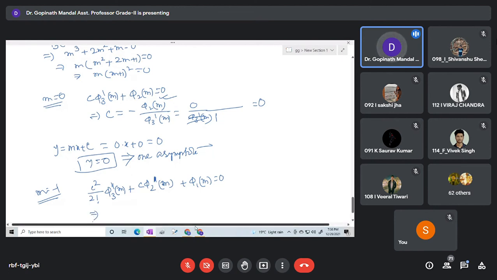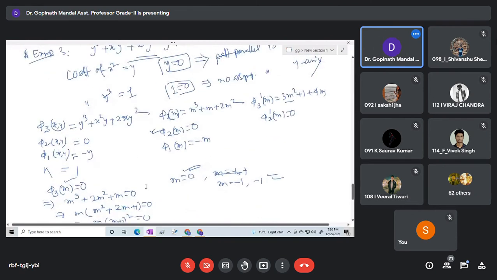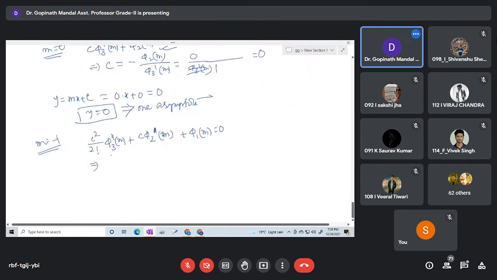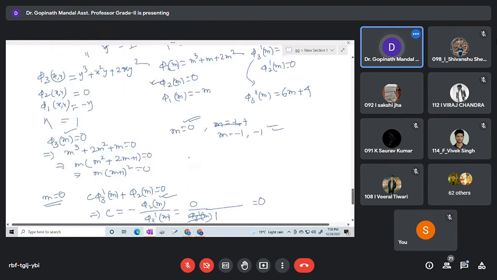Now phi 3 double dash m is 6m plus 4. Put here c square by 2 into (6m plus 4) plus c into phi 2 dash, this is 0, plus phi 1m, that is equal to minus m.